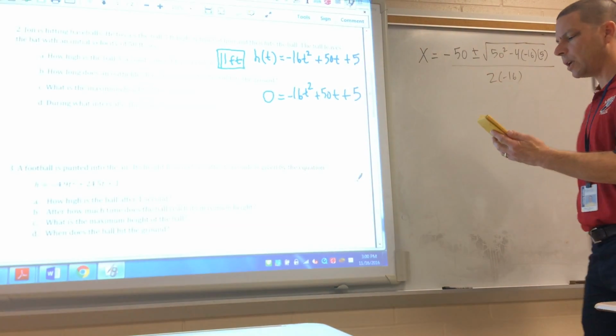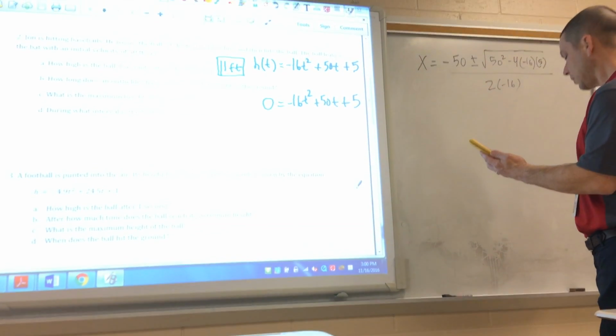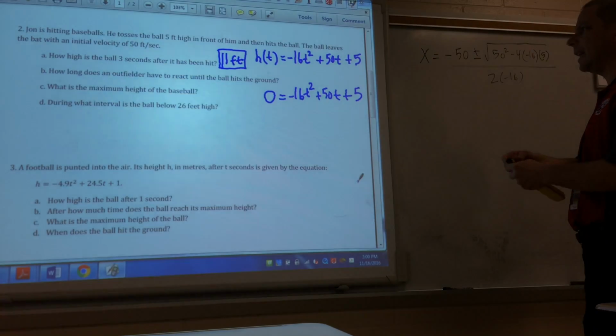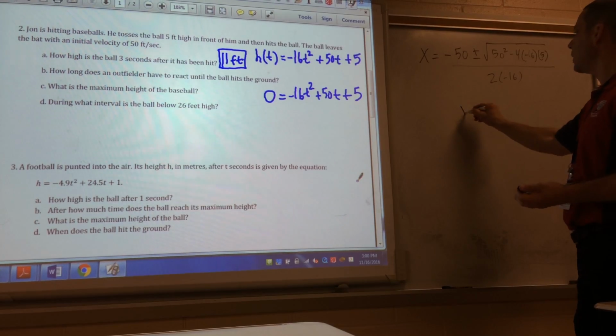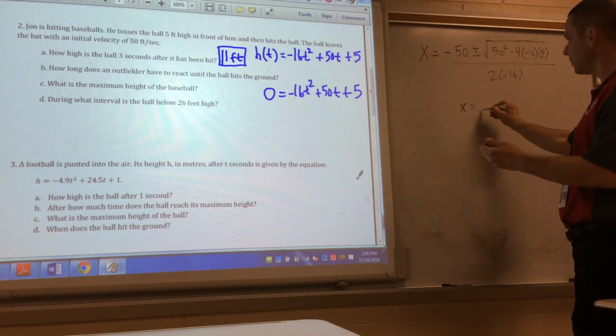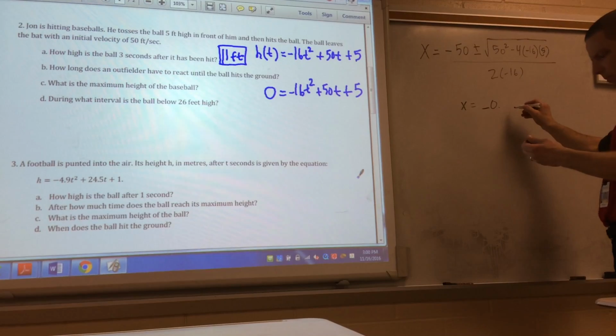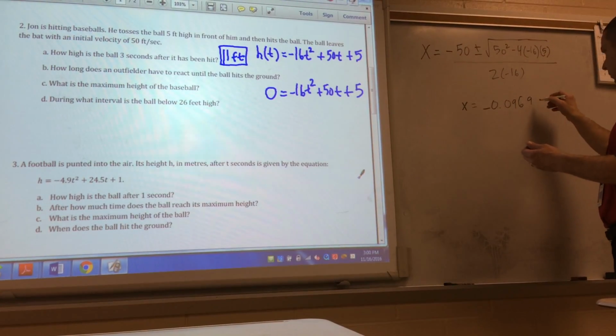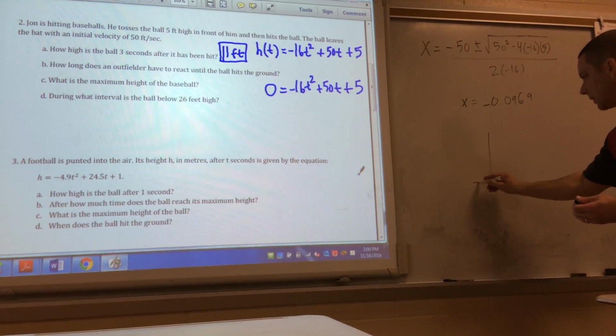Enter. So what do we get there? What's the first answer that comes up? It's actually a negative. What the heck is that all about? We get x equals a negative 0.0969 whatever.